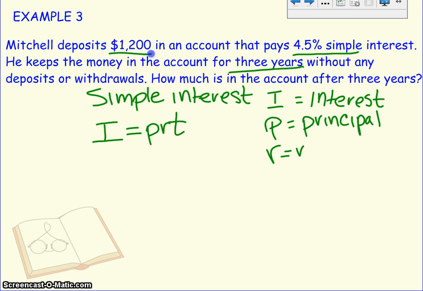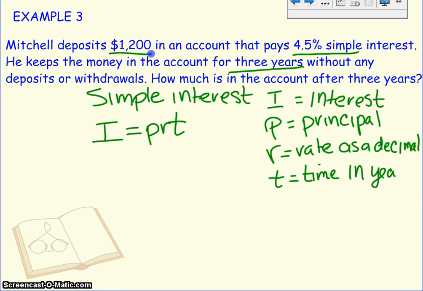R is the rate, but it's not just the rate, it's the rate as a decimal. And finally, we have T, which is time, but not just any time, it's time in years.